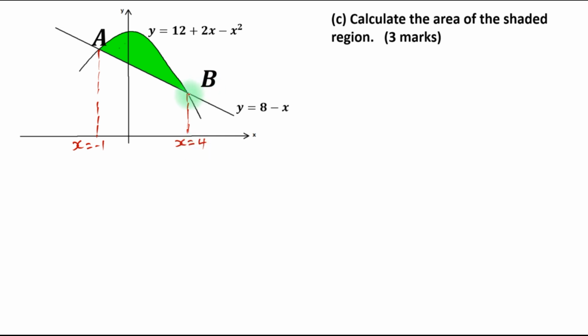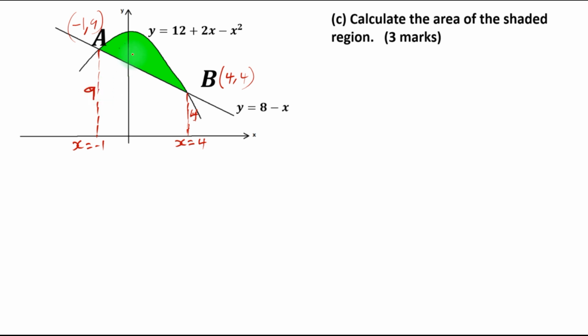Remember, we found that at this particular point b is 4, so the y coordinate here is 4. That is the height, and the other side we found that it was -1, 9, and therefore the y coordinate, the height here is 9.